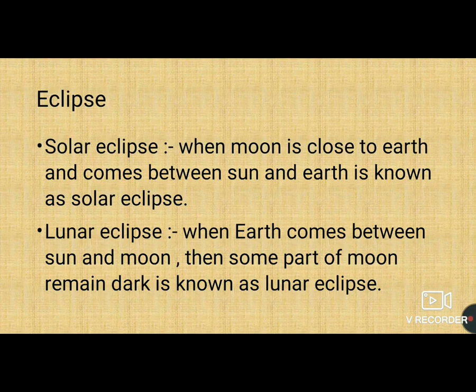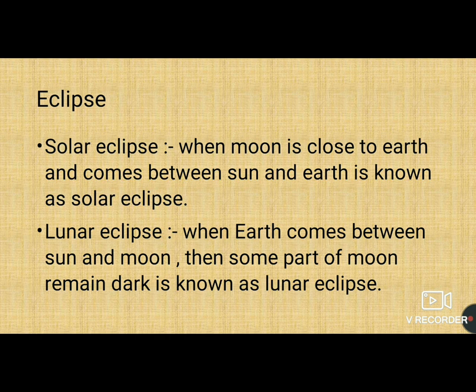Last but the important one is eclipse. Eclipse means grahan in our native language. What does it mean? We get light from the sun and moon, right? The sun is self-illuminated and shines brightly, while the moon is illuminated with the light of the sun. As we get light from the sun, the moon also gets light from the sun.